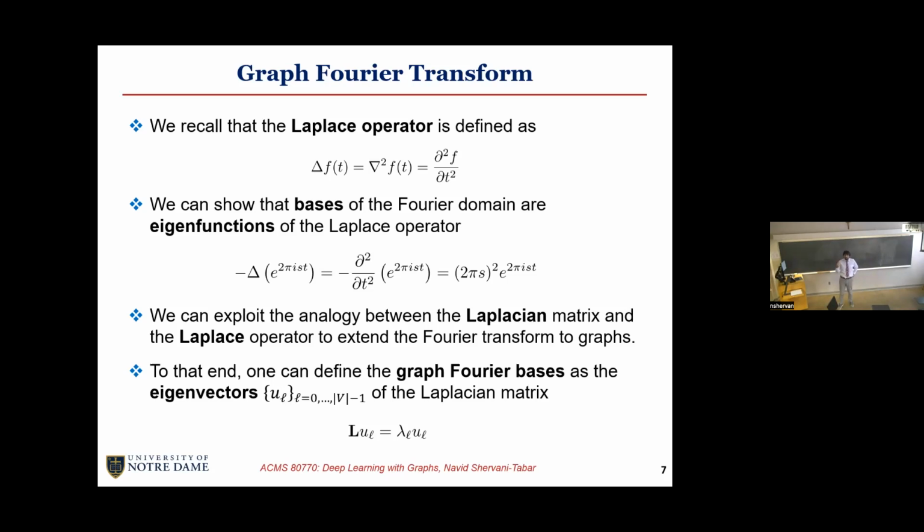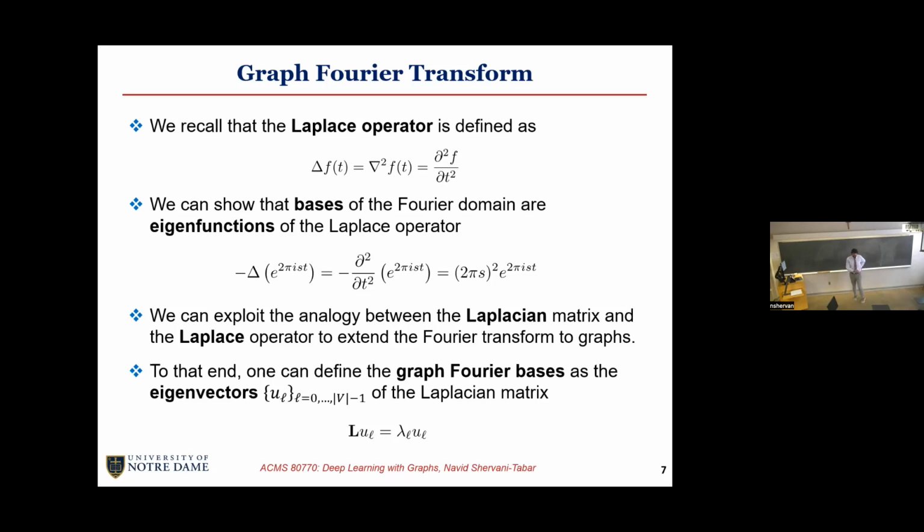There is a set of conventional signal processing tools that are defined in the Fourier domain. By defining this spectral domain as the analog for the Fourier domain, we can redefine those signal processing tools for graphs as well, including convolution. So the idea is that we have convolution in the Fourier domain defined, for example, in image processing.